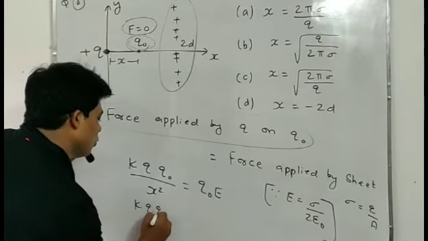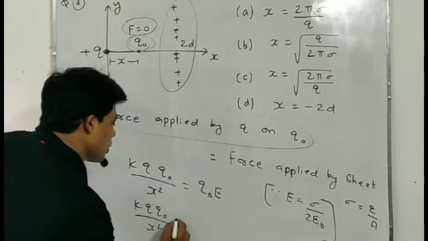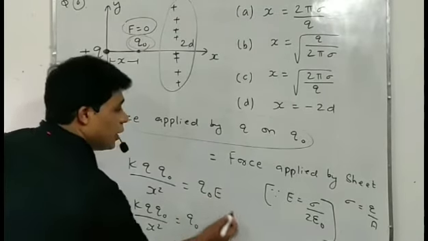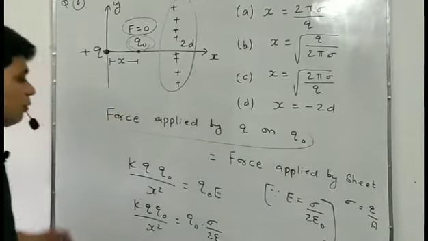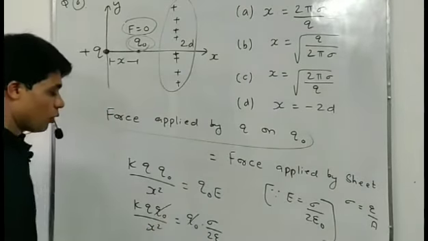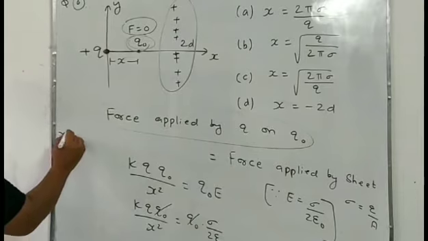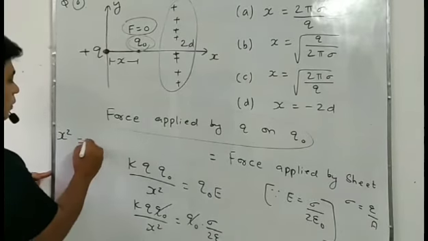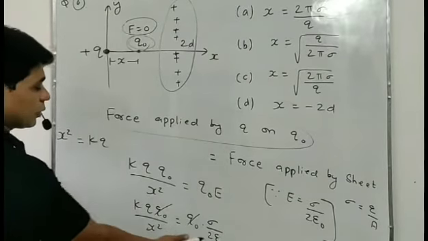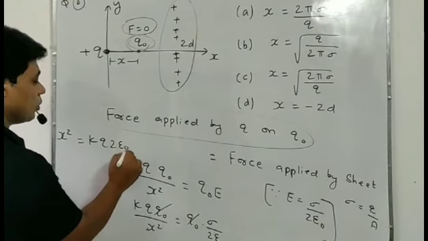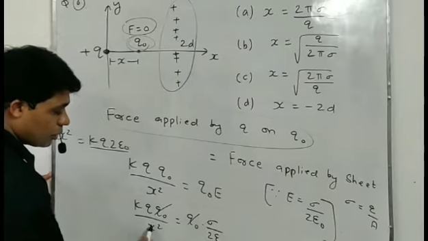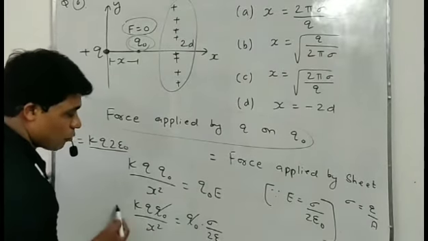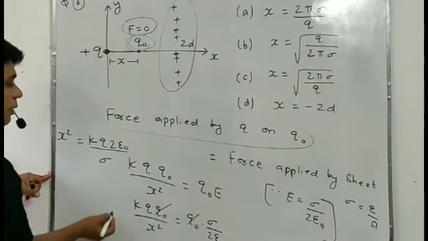So E is replaced by sigma by 2 epsilon naught: k q q naught by x square equals q naught times sigma by 2 epsilon naught. Now q naught and q naught cancel out. What we require is x square. Transferring, it comes kq multiplied by 2 epsilon naught, and there comes sigma.